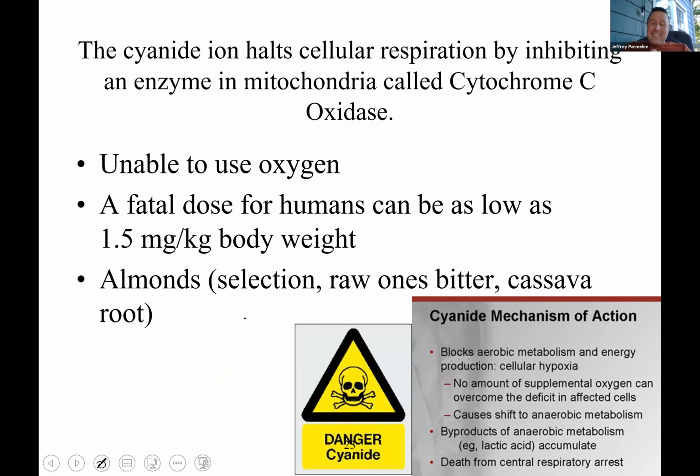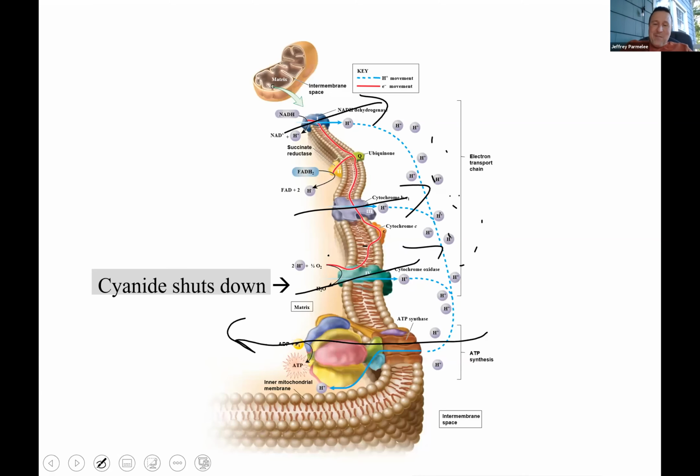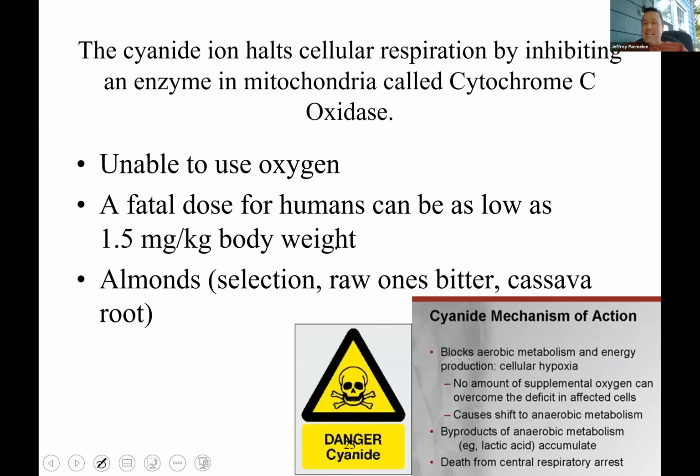It goes in and screws up one particular molecule, cytochrome c oxidase. You need that, because if it doesn't work, things stop. Your cells can't use oxygen, and they can't make enough ATP, because everything is backed up. We're talking a small amount of cyanide, if it diffuses in your body and gets to your mitochondria. Don't fear eating almonds. The almonds you get at the store have had the outer part taken off, and there's no danger with them. But if you were to get raw ones, it would be a problem.